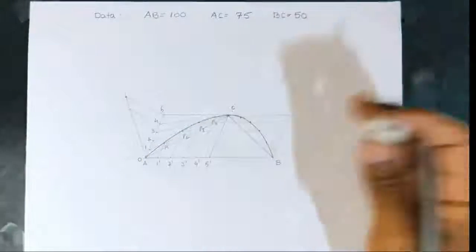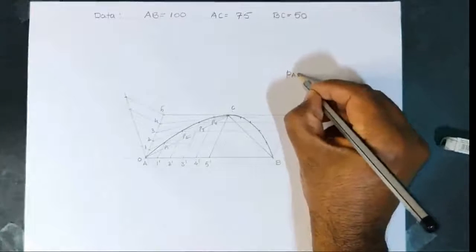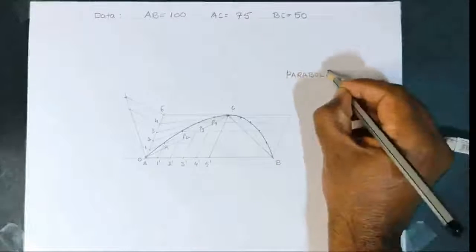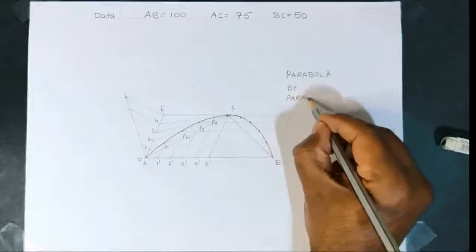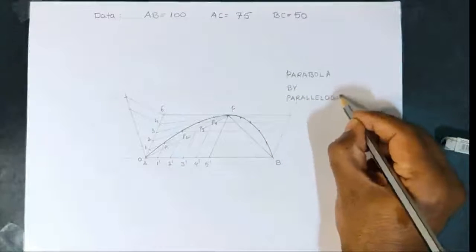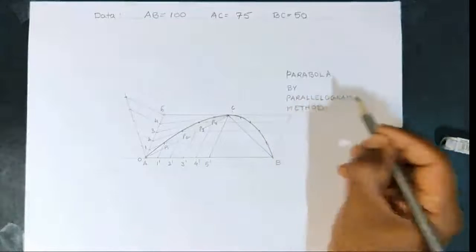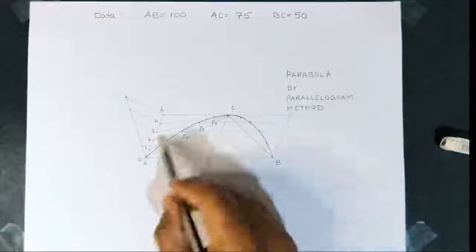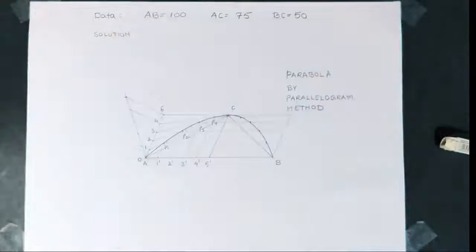So my curve is now complete and I have circumscribed the triangle ABC. The parallelogram can be seen. The parabola is inscribed inside the parallelogram while it is circumscribing the triangle ABC. So this is the parabola by parallelogram method and this is the given solution.